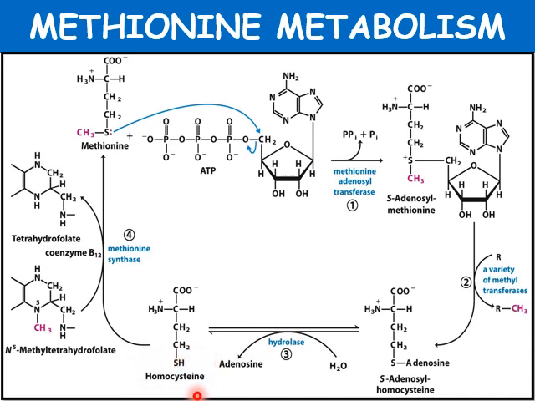You will see the applied part of homocysteine later. This homocysteine accepts a methyl group from N5-methyl tetrahydrofolate, that is from folic acid, and gets converted into methionine in the presence of vitamin B12. So folic acid and B12 are very essential for the metabolism of methionine.